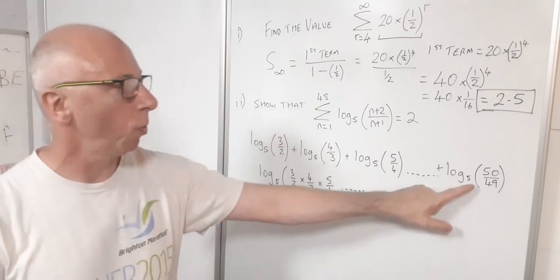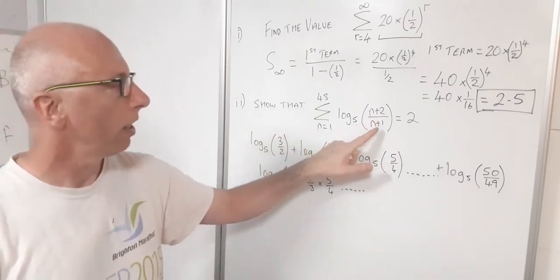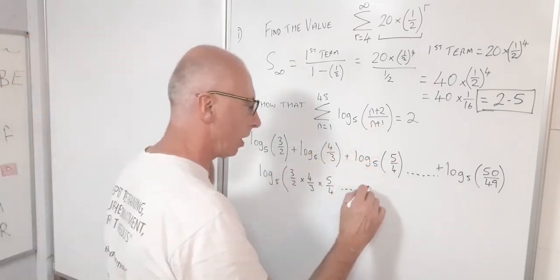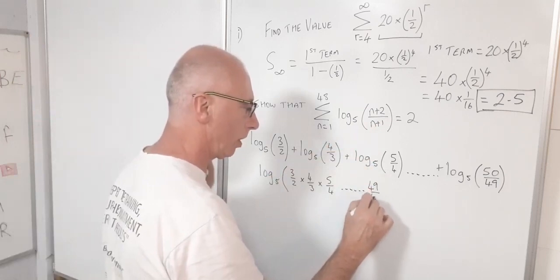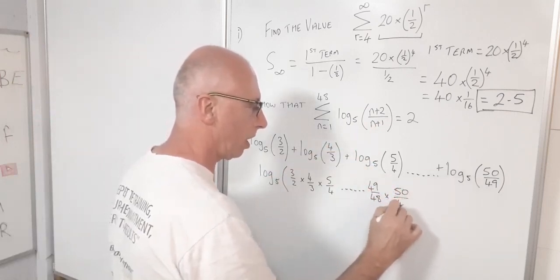And let's put the last but 1 in. So when n is 47, I've got 49 over 48. So times 49 over 48. And then this last one is 50 over 49.